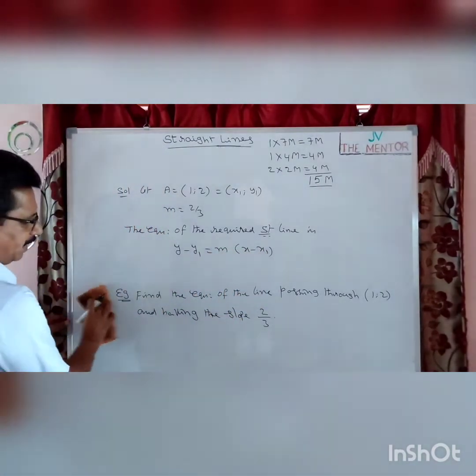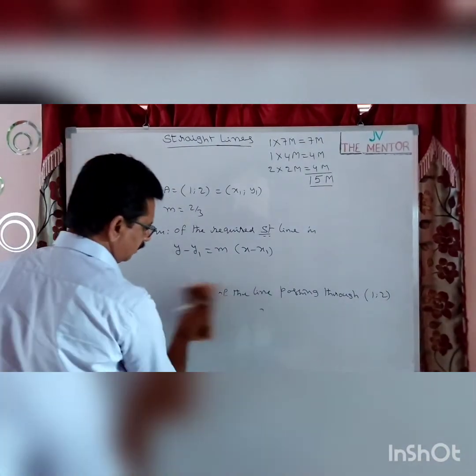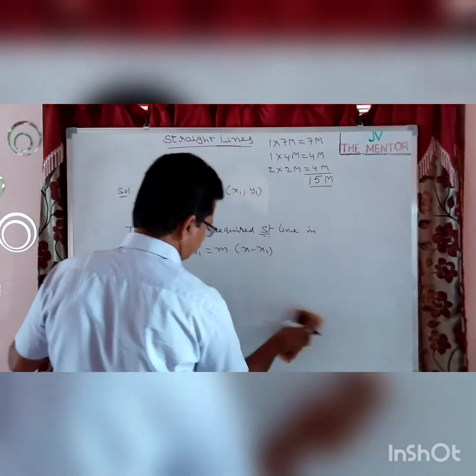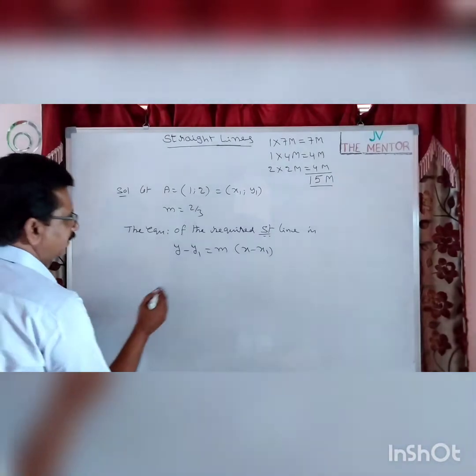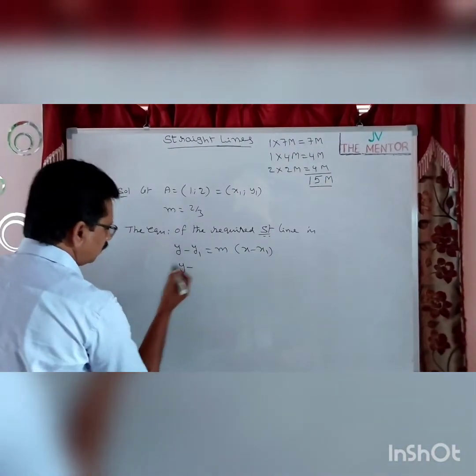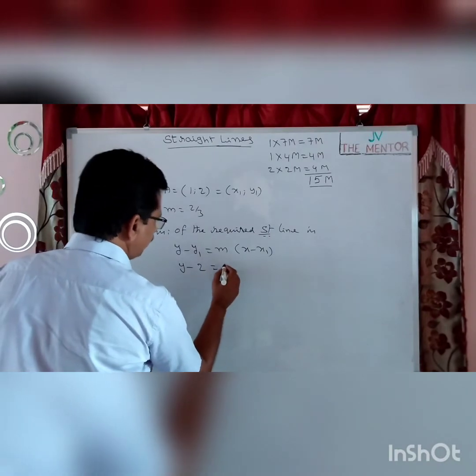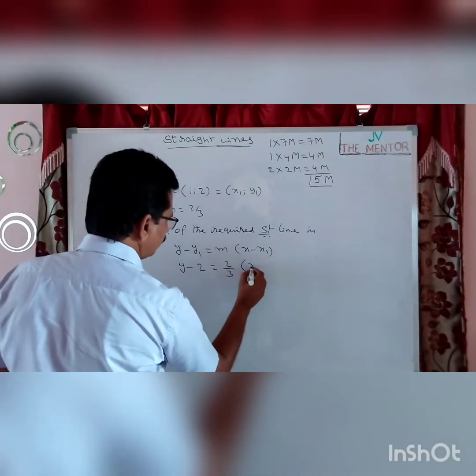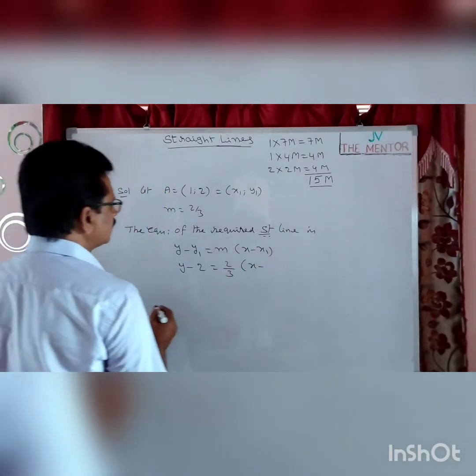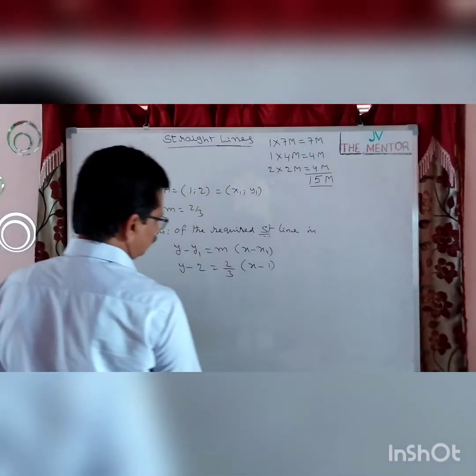Now substitute the values of x1, y1 and m. Then we will get y minus 2, here y1 is 2, m is 2 by 3, x minus 1, x1 is 1.